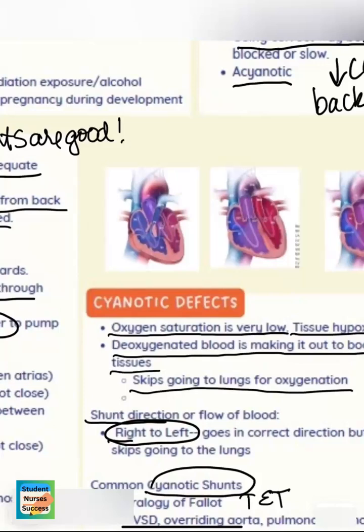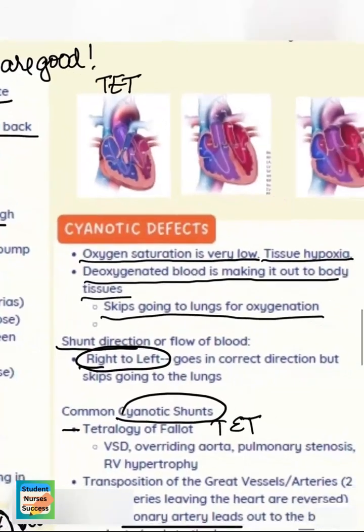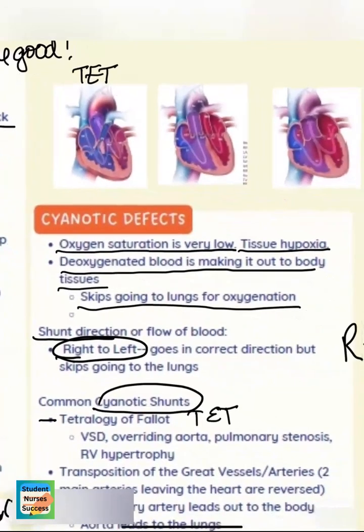With tetralogy of Fallot, this is a good picture of that right here. Tetralogy of Fallot is 4 problems. With tetralogy of Fallot, we have a ventricular septal defect or a hole between the ventricles. We have an overriding aorta where the aorta is actually picking up blood from both sides, both oxygenated and deoxygenated blood. We have a tight pulmonary valve, which now I've covered that up.